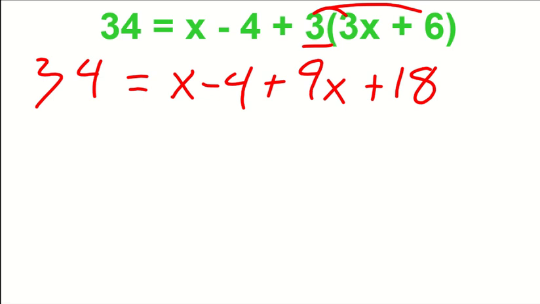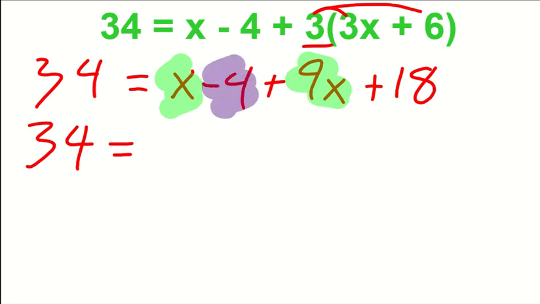Now combine like terms. So 34 is on the opposite side of the equal sign. It's got to stay by itself. What like terms do I have on the right side? x and 9x. What else? The 4 and the 18.